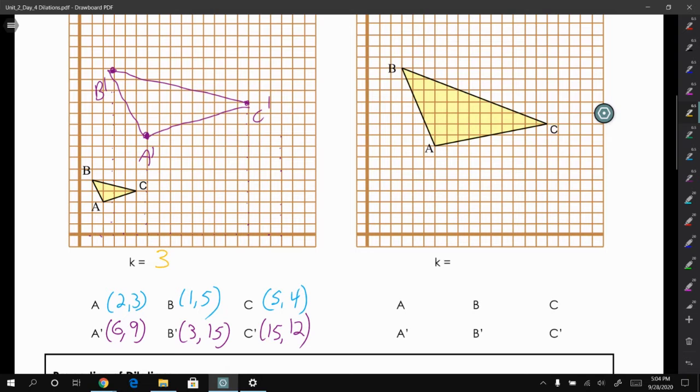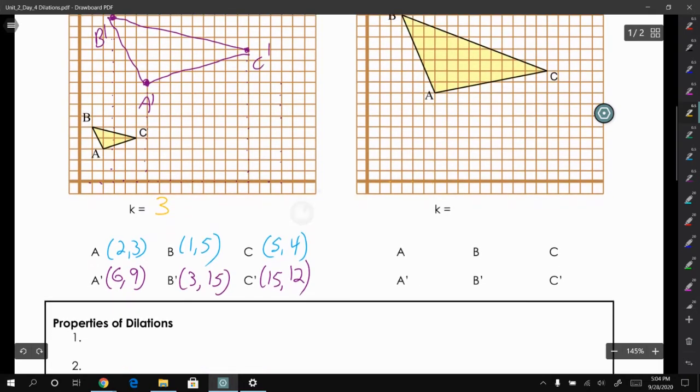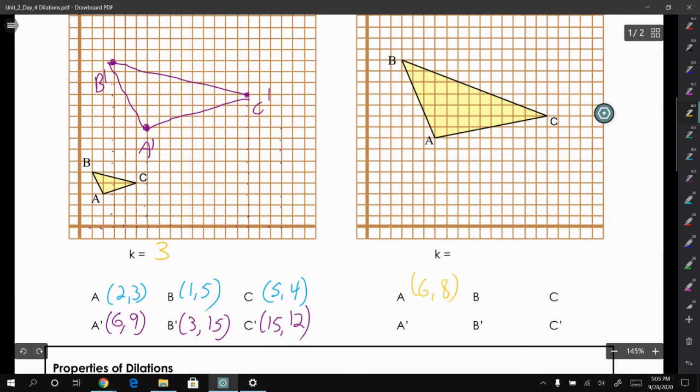So A is 6, 8. B is 3, 15. And C is 16, 10.